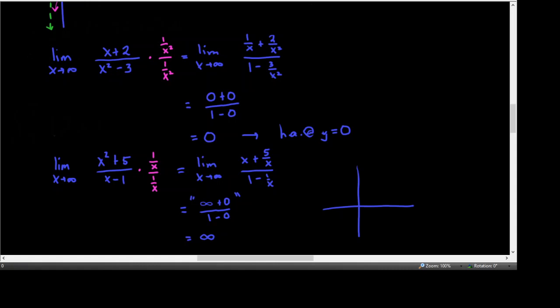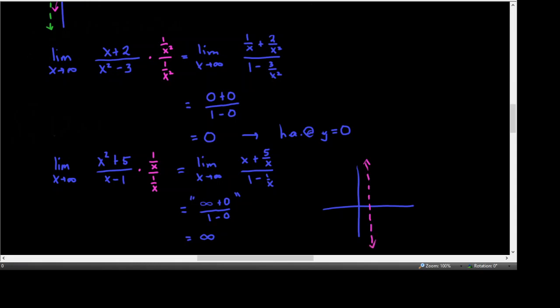So excuse me for a second while I plot this quickly on my calculator. Let's see, I said x squared plus 5 divided by x minus 1. Well, one thing I can do is we'll have a vertical asymptote at 1. That much I can tell you for sure.